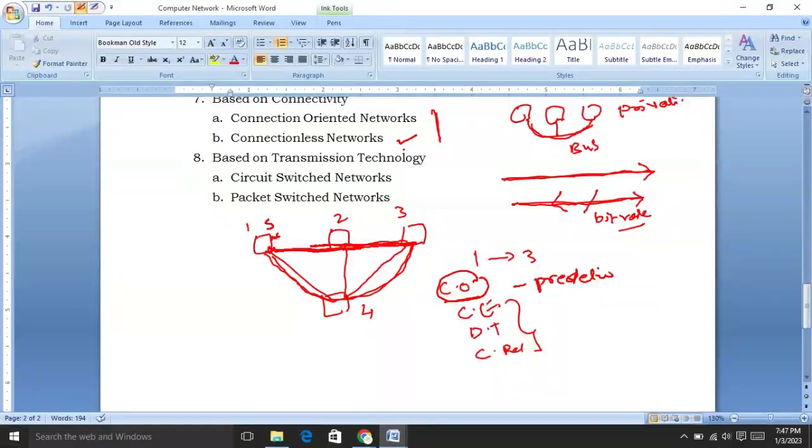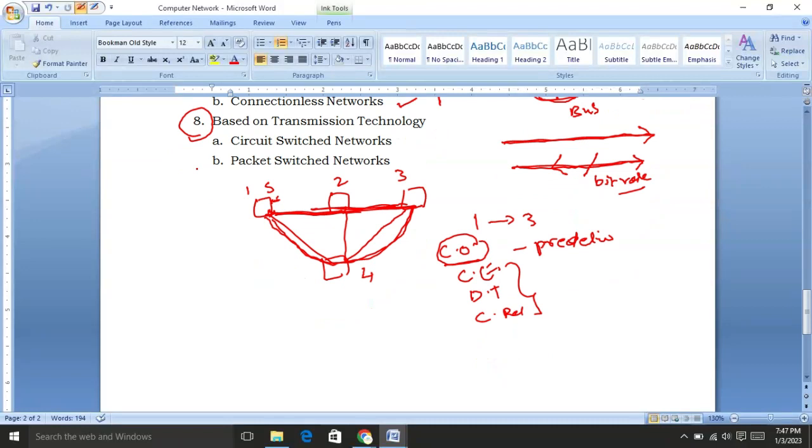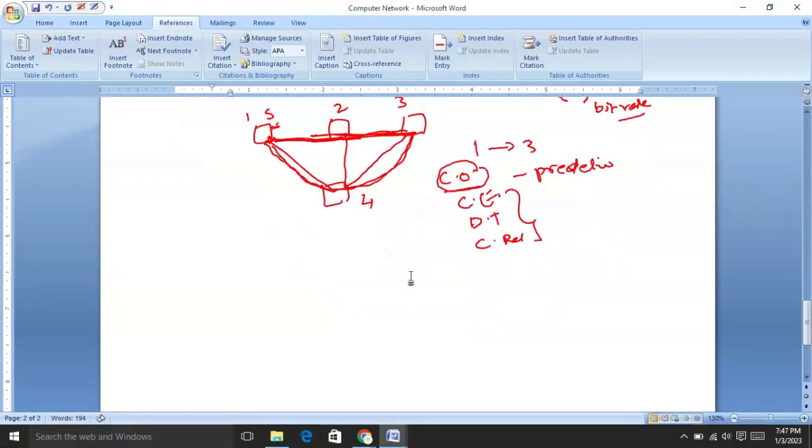And a very important one is the final one, based on the transmission technology. What kind of transmission technology are we going to be using? The first one is circuit switched networks and the second one is packet switched networks. I am going to explain this with a good example.